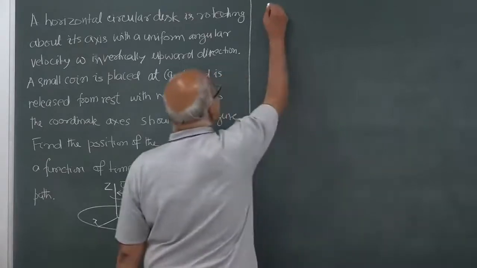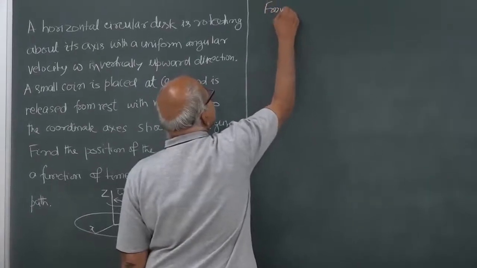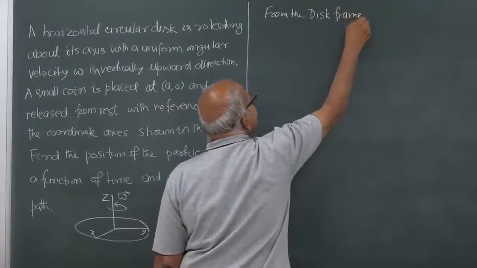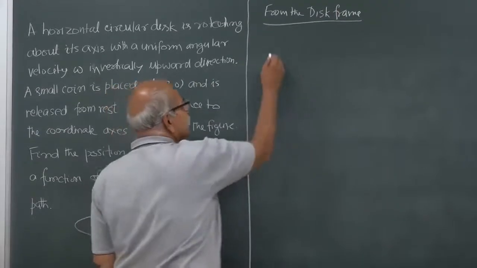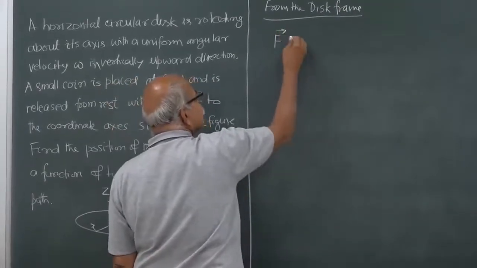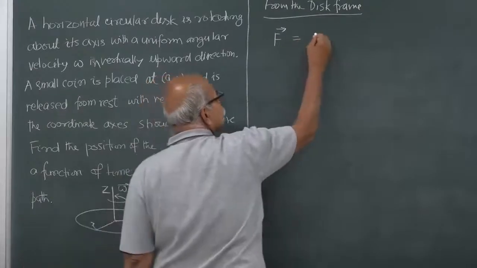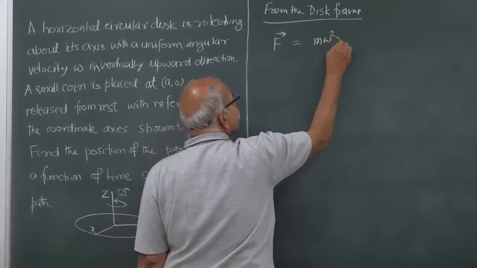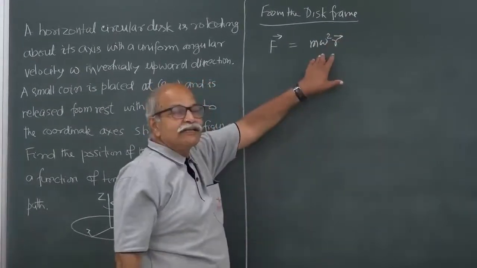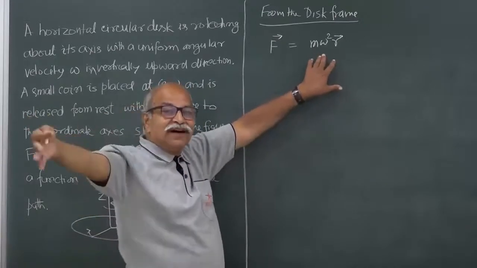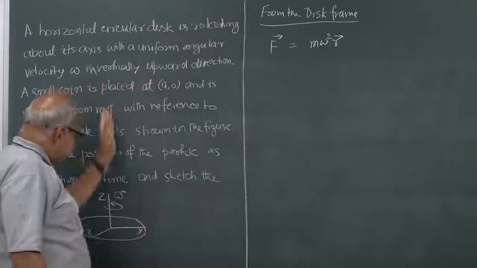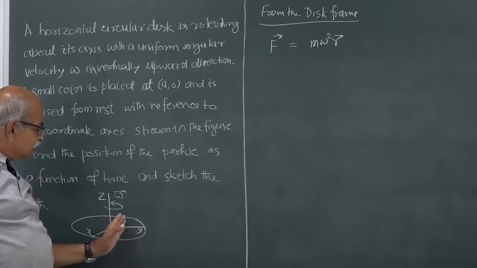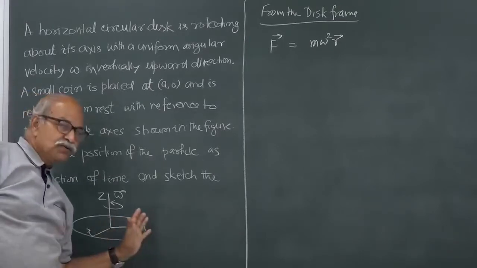From the disc frame, the net force is just the pseudo forces: m omega square r, this is the centrifugal force, omega vector cross omega vector cross r, which is m into omega square into the distance from the axis in the outward direction.